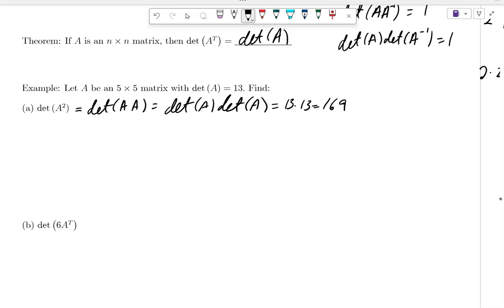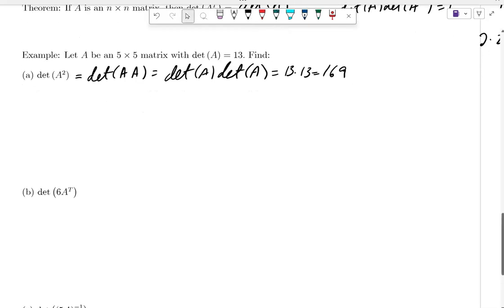Okay. Now notice that the fact that it was a 5 by 5 matrix had nothing to do with this part. It does in the next part. I have the determinant of 6 times A transpose. In order to pull that 6 out in front, what do you need to do? Good, 6 to the 5th, right? Because it's a 5 by 5.